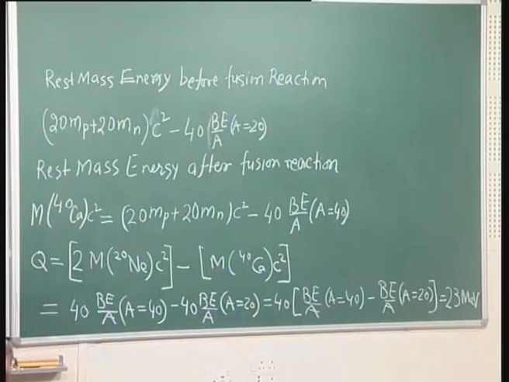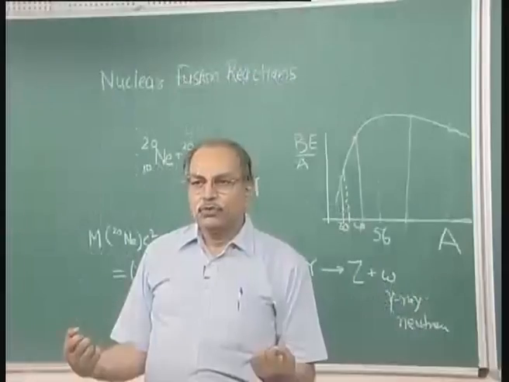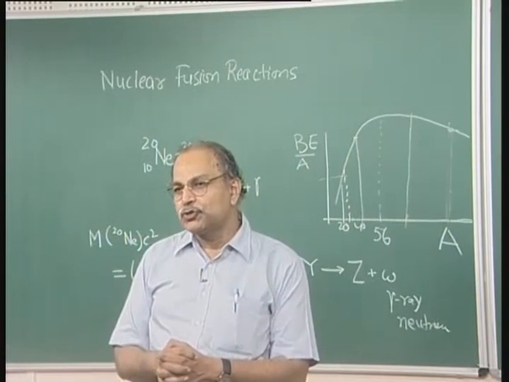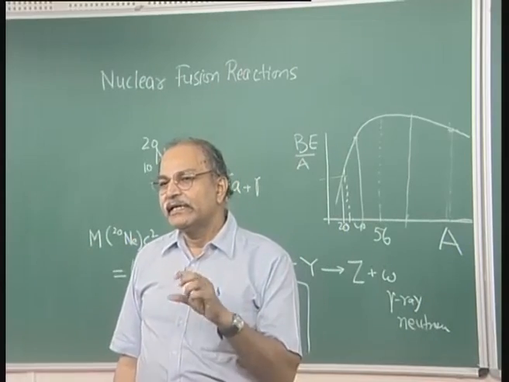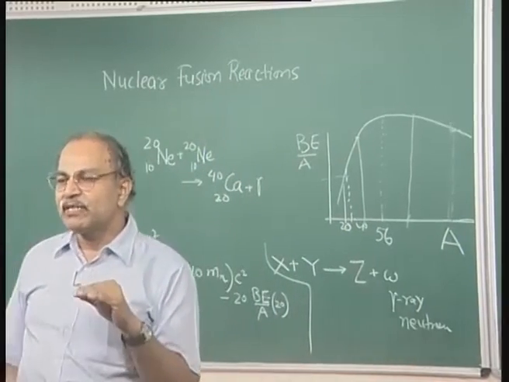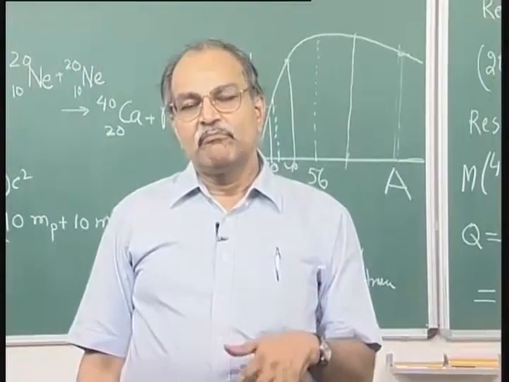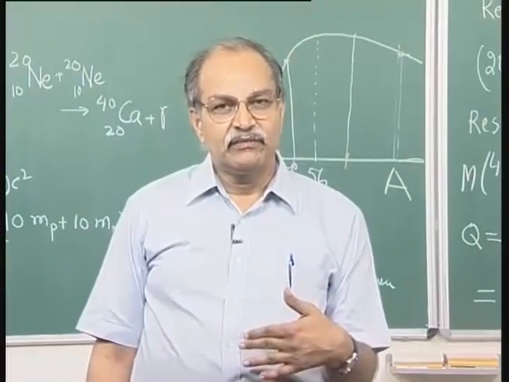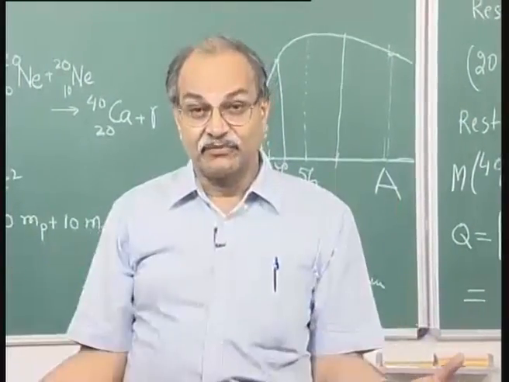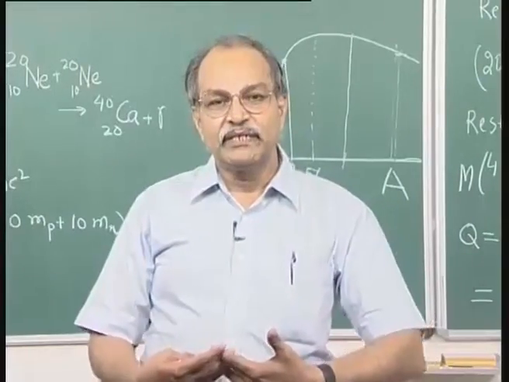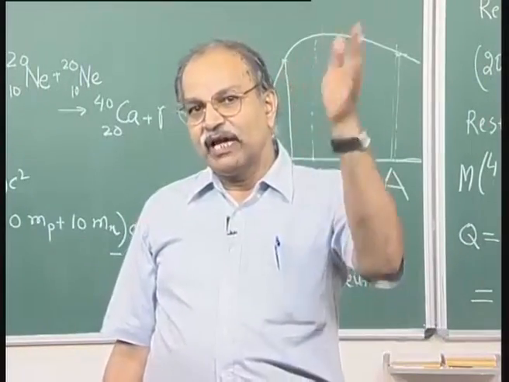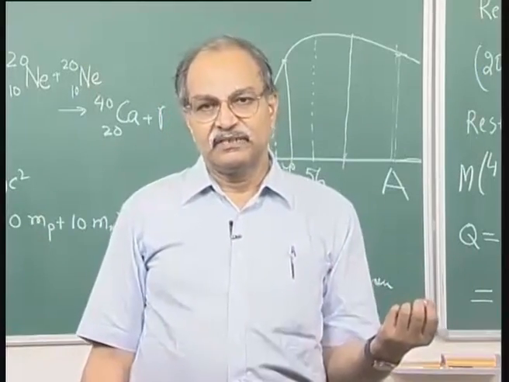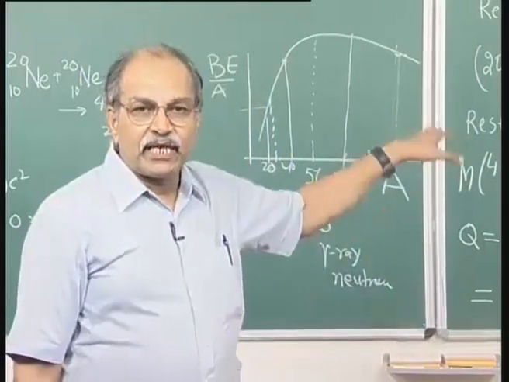If these two neon nuclei combine and fuse to become one single calcium nucleus, the rest mass energy is decreased by 23 MeV. And if rest mass energy is decreased by 23 MeV, that should appear as something. So, in this case it can appear in excitation of this calcium and subsequent emission of gamma photon and recoil of calcium. So, this is an example.